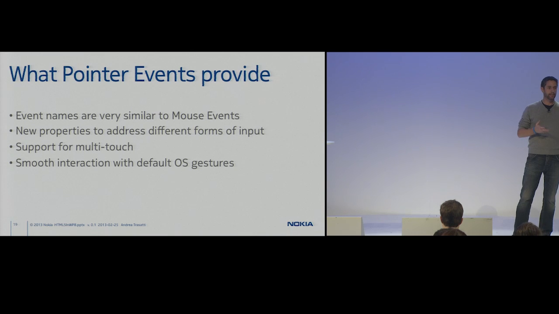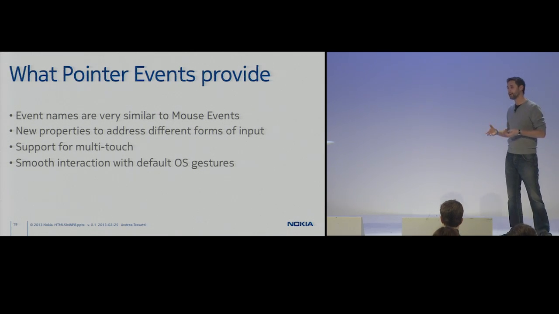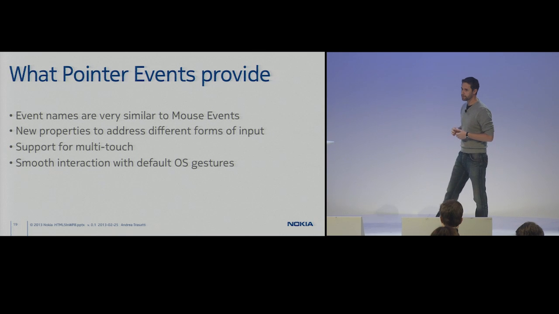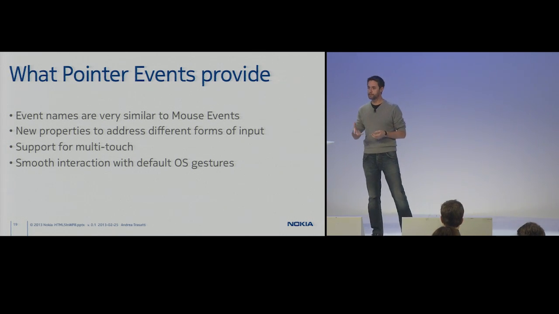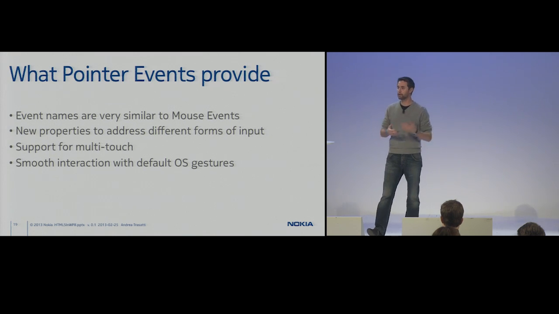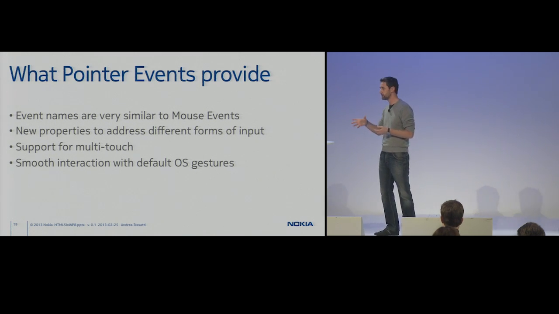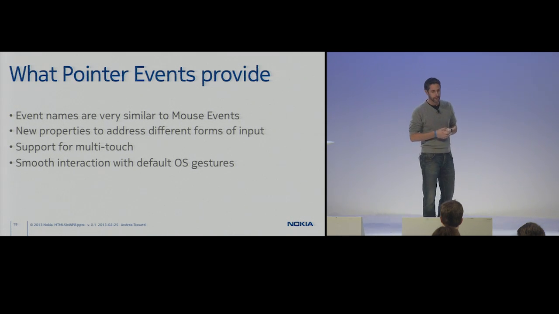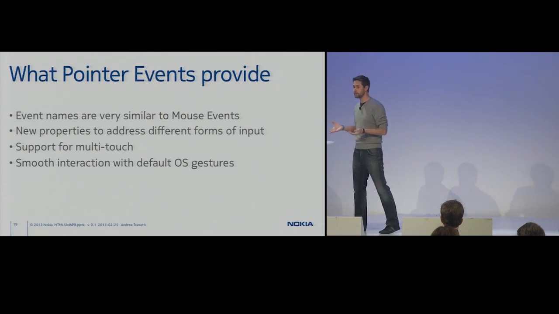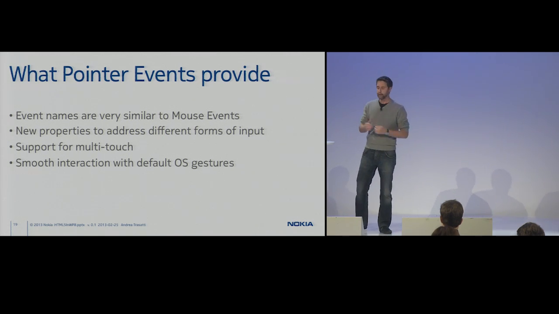They are designed by definition to try not to interfere with the platform. So for example, operations on the viewport like panning and zooming are by definition not allowed for pointer events so that you avoid interfering with OS operations. And as I mentioned, the naming is very, very similar, so it makes it easy to transition.